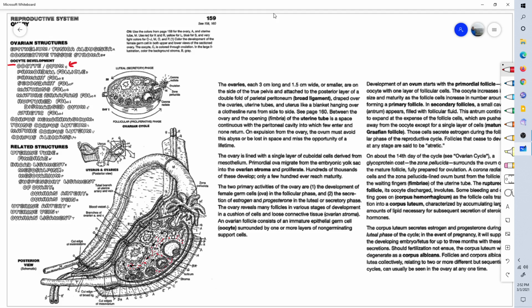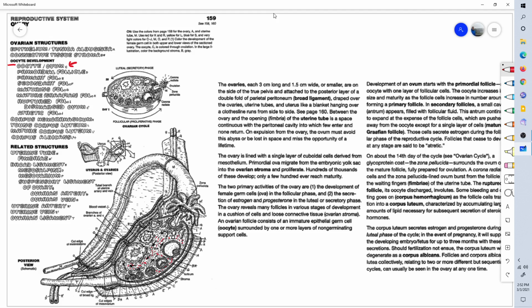And once a month, one or more, I suppose, in the case of twins, is released from the ovaries and travels down the fallopian tube or the uterine tube and into the uterus for fertilization or potential fertilization by the male germ cell, the sperm.